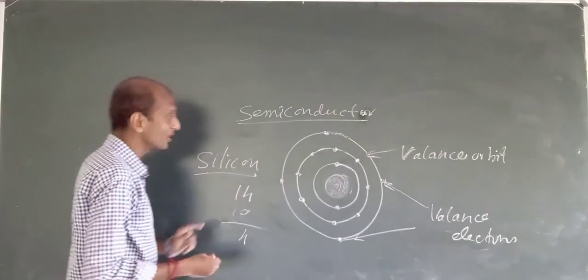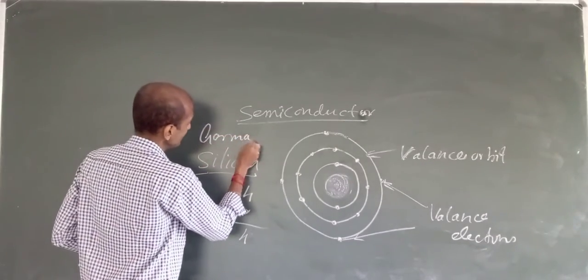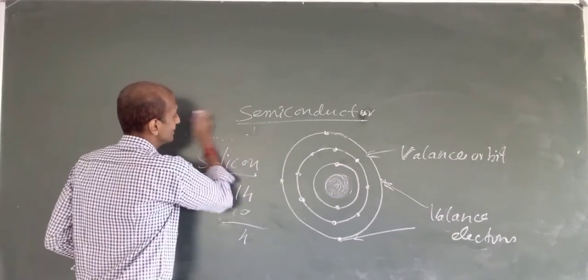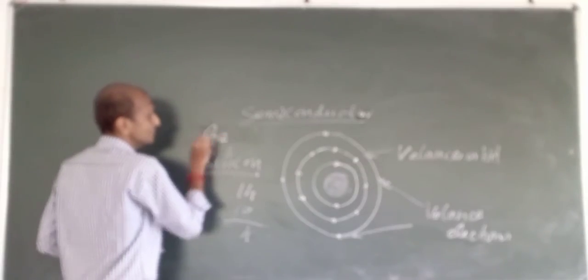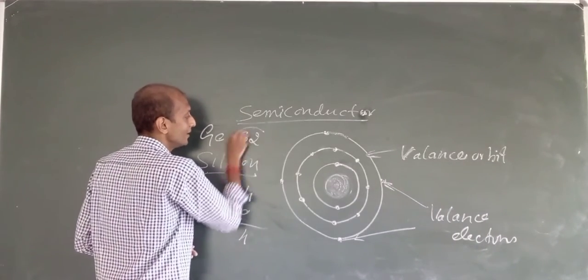After silicon, we will be using germanium too. We have germanium, Ge, which has the atomic number of 32.